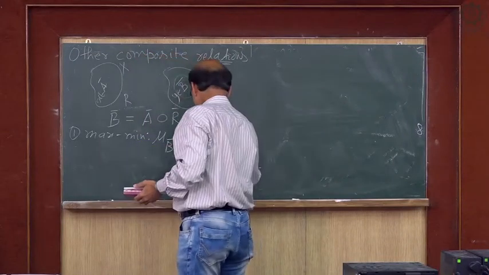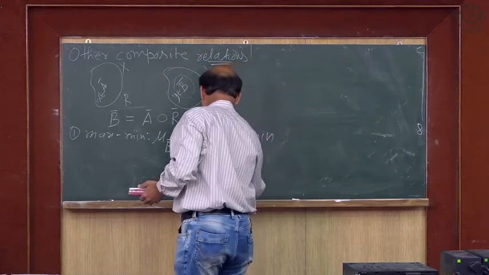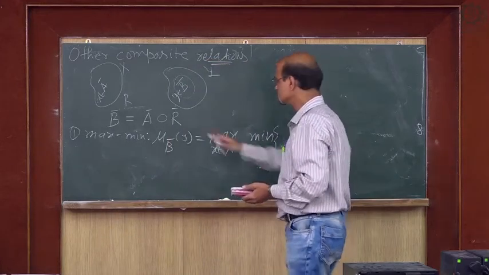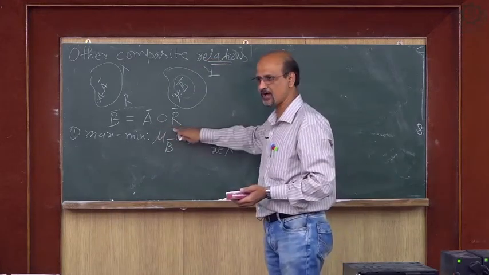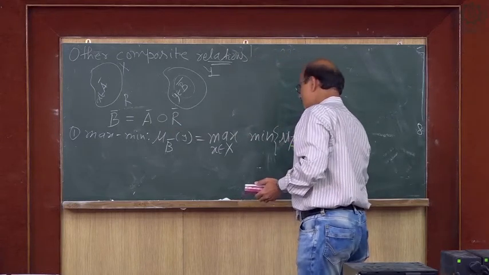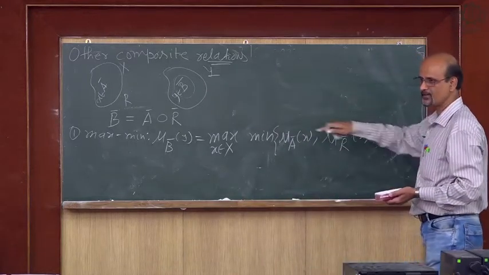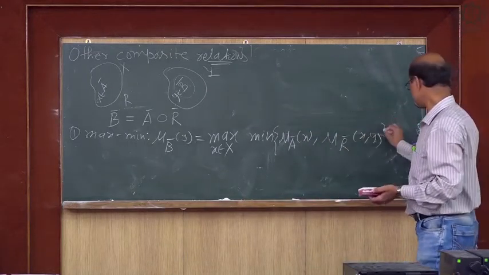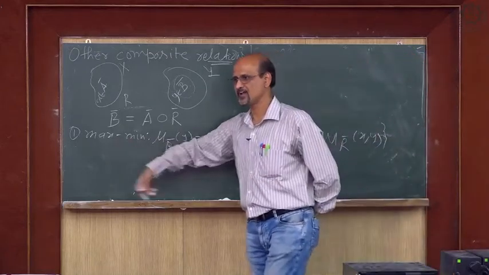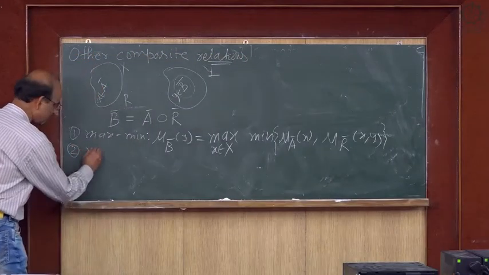This definition is telling max min, max over x belonging to capital X of the minimum of the composition of A and R. So, it is mu A bar of x and, where x belongs to A, y belongs to B. So, this is your definition of max min. Similarly, I can have min max. So, now you can write all.